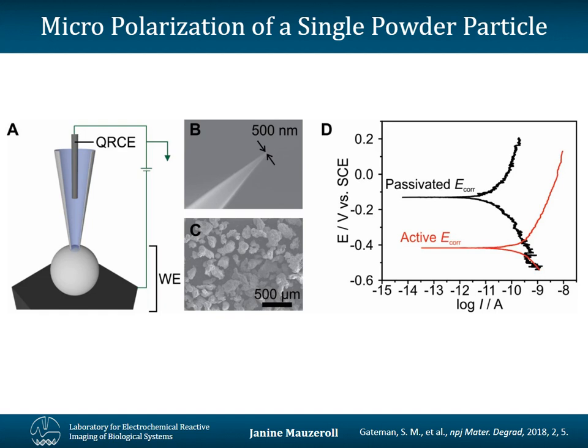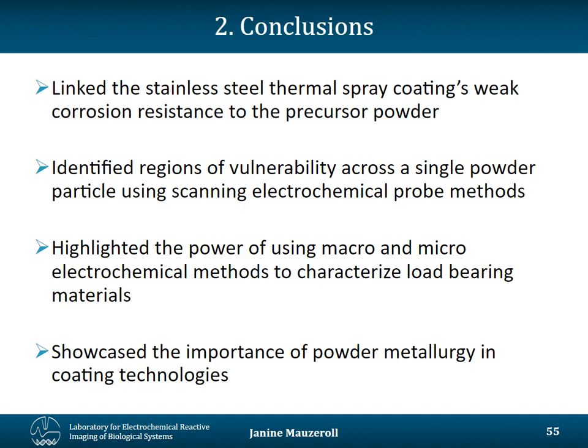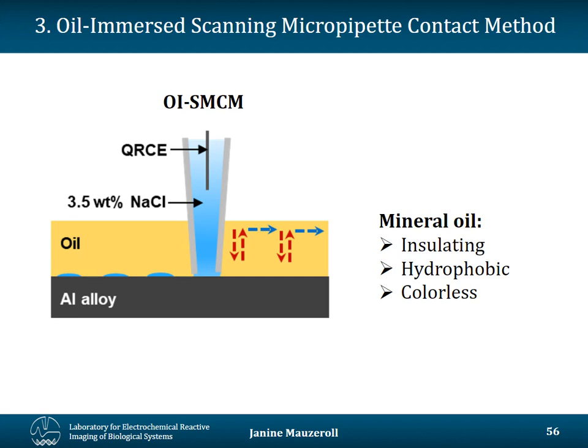And you can see in red in the D panel that in fact the source of the problem was not the coating itself, but the generation of the powder that inherently did not have the same corrosion resistance as the base metal. And so this type of story highlights that you can use the same instrument at many different scales, right? Like small stainless steel particle scale all the way up to big coatings.